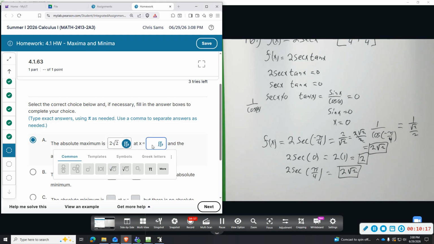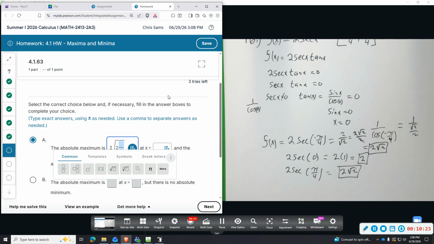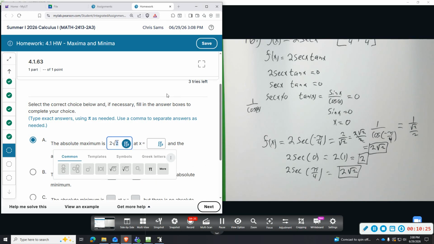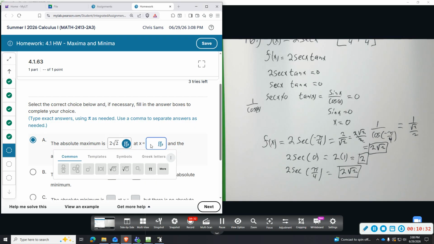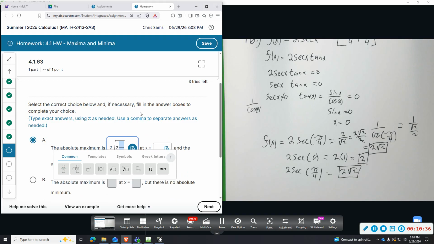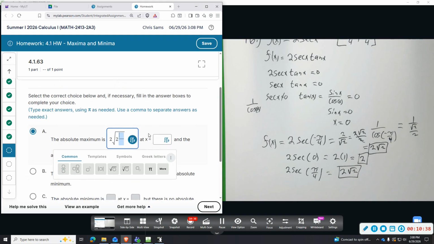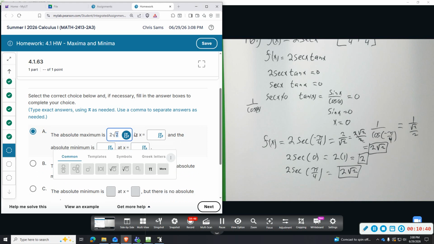And that occurs at x equals, we're going to say, nope, in the wrong box. X equals, okay, why does it keep doing that? Pretty sure I clicked in this box. Not sure why it keeps going back to that box.